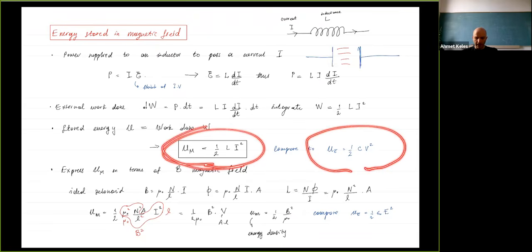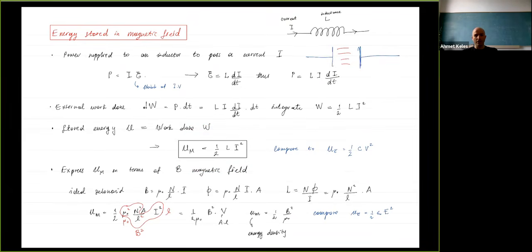So this is the magnetic field energy in the inductor, this is the electric field energy in the capacitor. There's almost a one-to-one correspondence. And we converted this form to an expression purely in terms of B, which was like this. And we saw that this is also exactly like the electric field case.